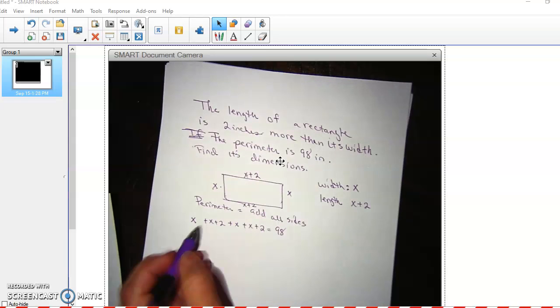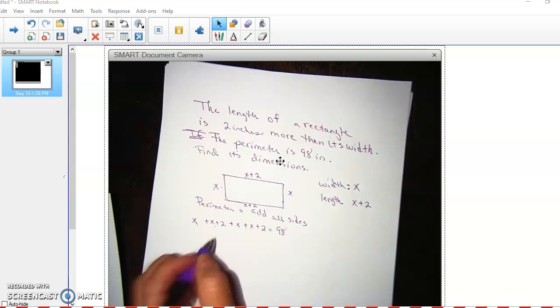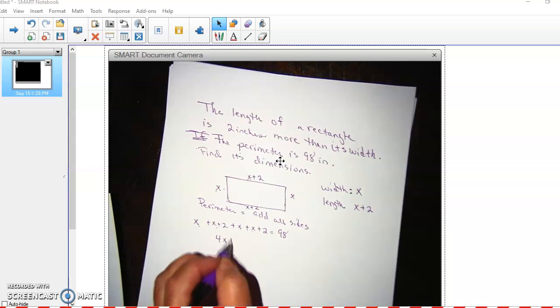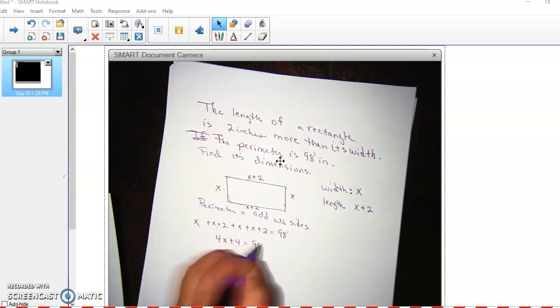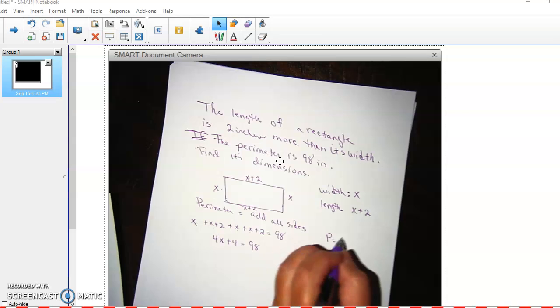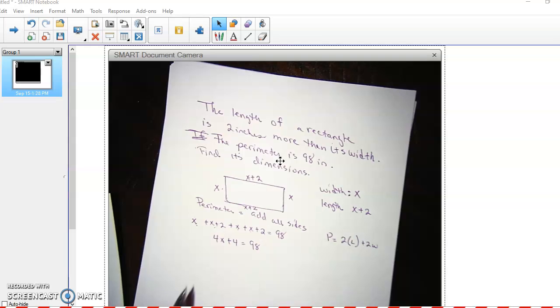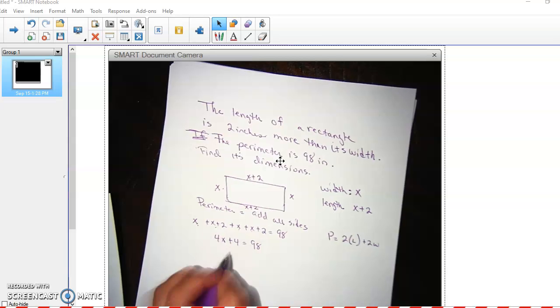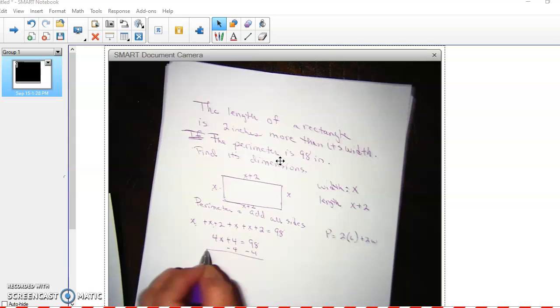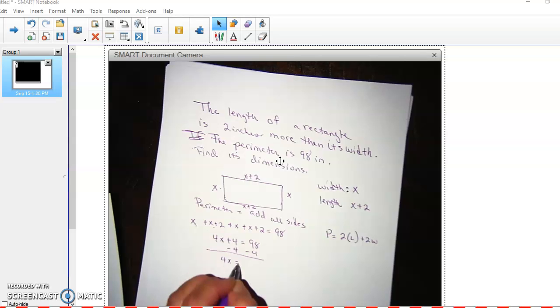Okay? So we have 1, 2, 3, 4x plus 4 equals 98. You have another one here too, 2 times. We can do that too, but we're just going to add them up. Alright, so now we're going to subtract 4 from both sides. 4x equals 94.